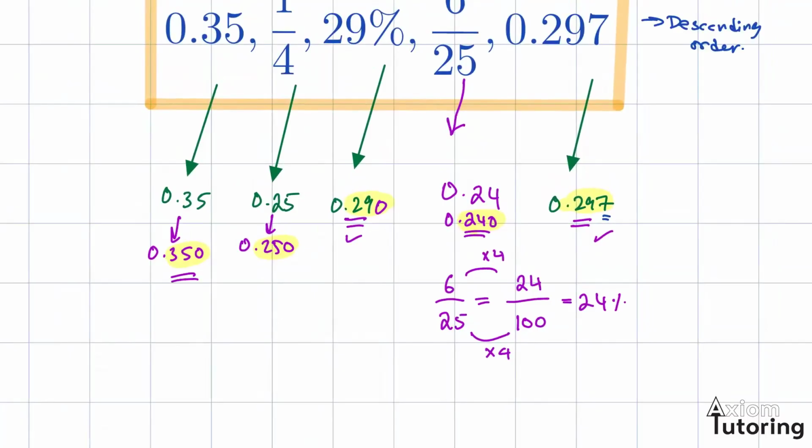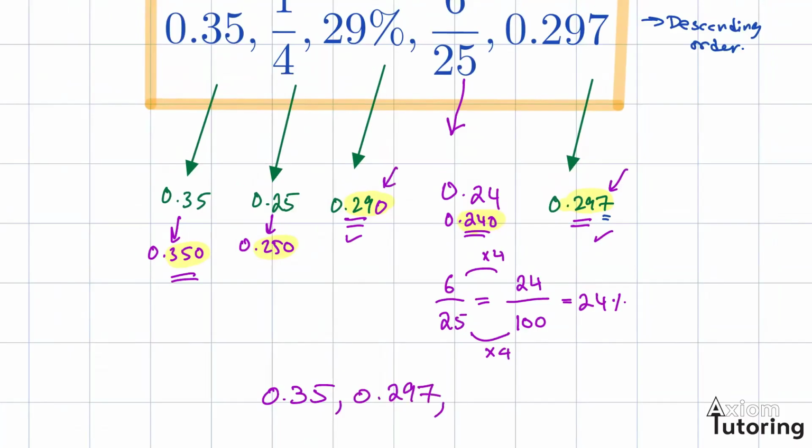The biggest is 0.35. When you actually write your answer in the exam, make sure to use the original figures that were given, not the ones that you've converted. So 0.35 is the largest. The next largest is 0.297, and we write it as it is.